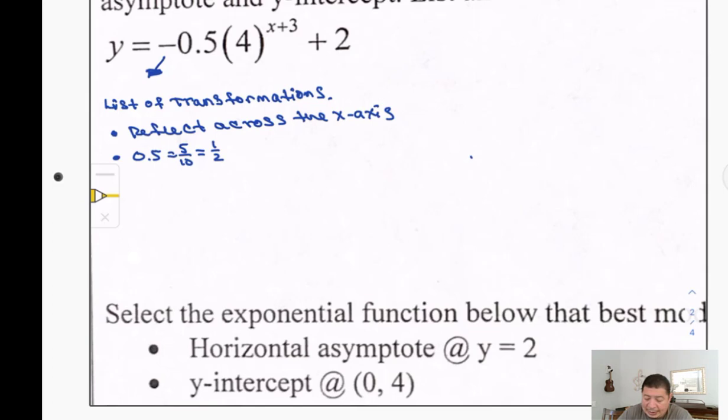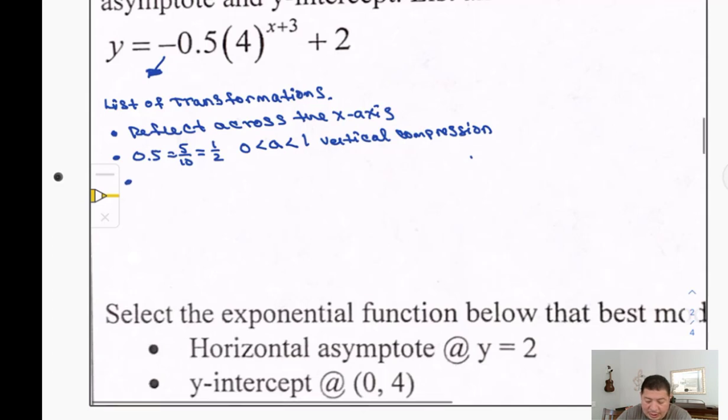And it just so happens that when the value of a lies between 0 and 1, think about that logically, anything between 0 and 1 is either going to be a decimal or a fraction, right? Every time that happens, we have something called vertical compression. So let's write that down. That is your vertical compression.